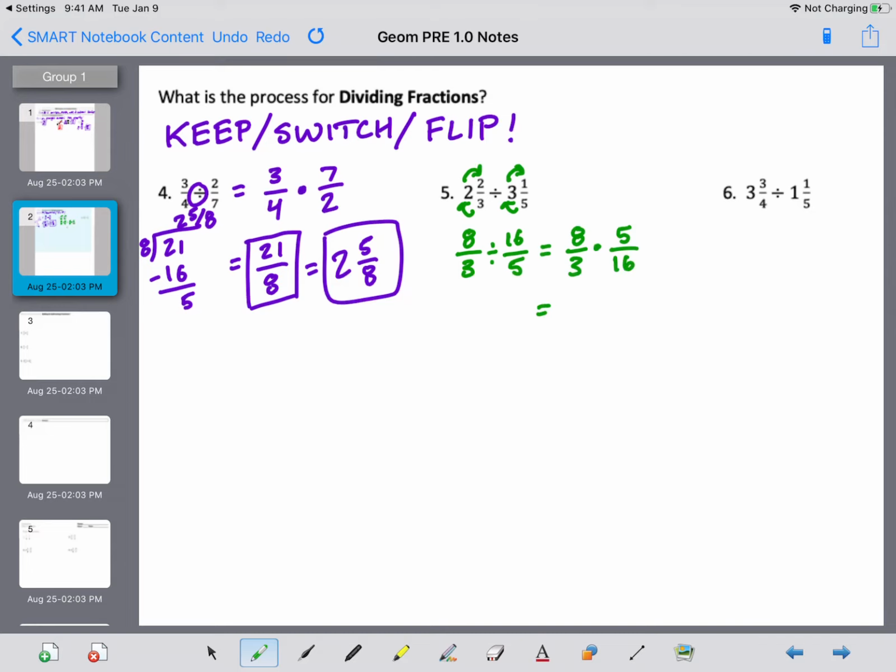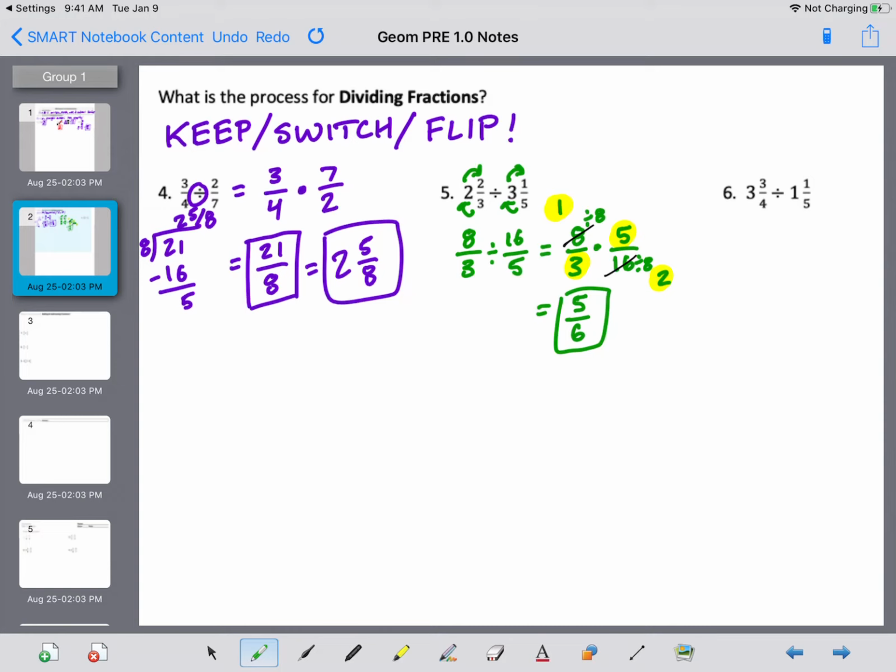And we can multiply straight across now. Before I multiply though, what I notice is that this 8 and this 16 can both be divided by 8. 8 divided by 8 is 1. 16 divided by 8 is 2. That's going to make the math a little bit easier. So now we're going to multiply 1 by 5 and get 5. And then multiply 3 by 2 and get 6. So 5/6 is our final answer.